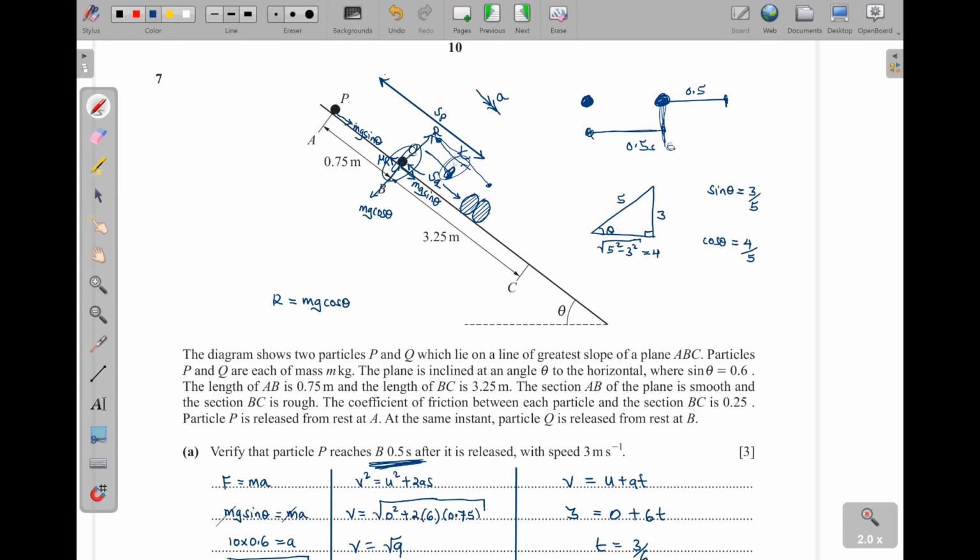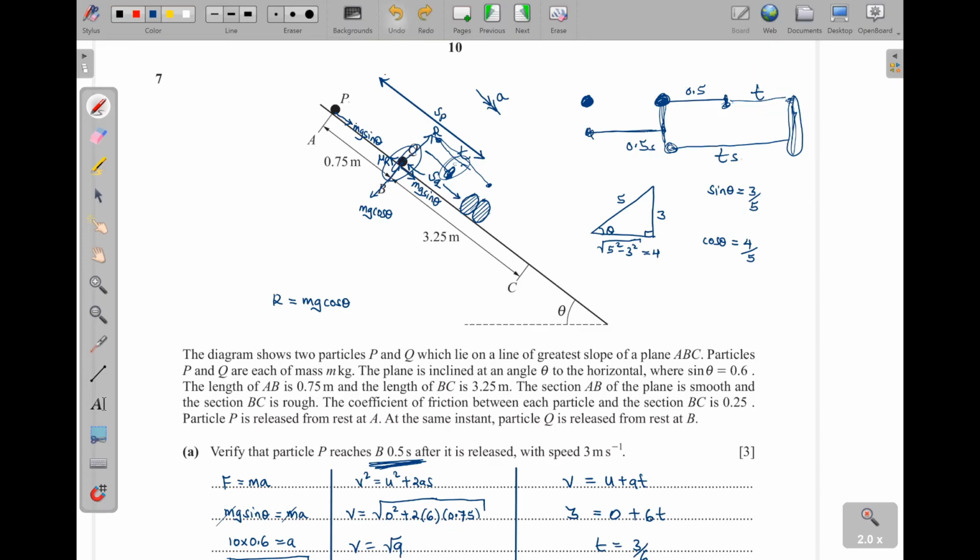Now, by the time you reach here, you take t seconds to reach where this person is, and then you collide. Even this person is taking t seconds. So that means this person here is taking a total time of 0.5 plus t.